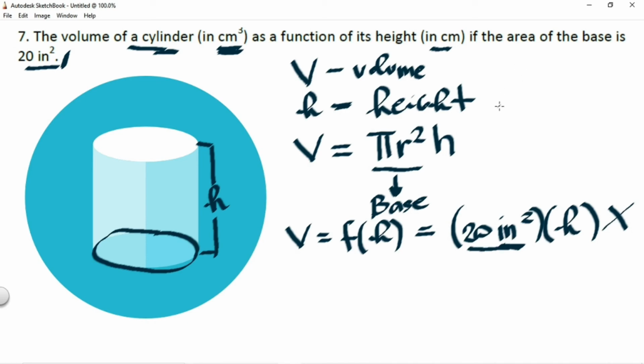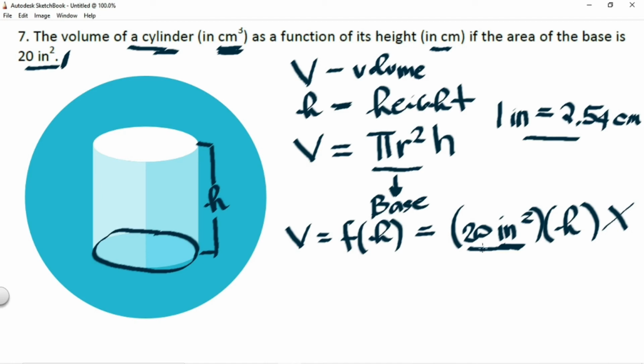And the conversion factor is 1 inch is equal to 2.54 centimeters. Others use 2.5 centimeters. That can also be correct. But for this problem, let us use this conversion factor.